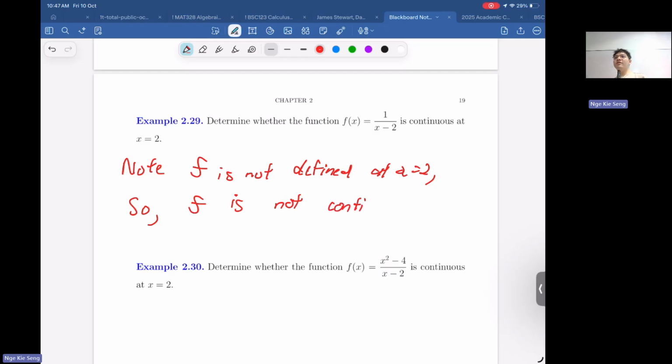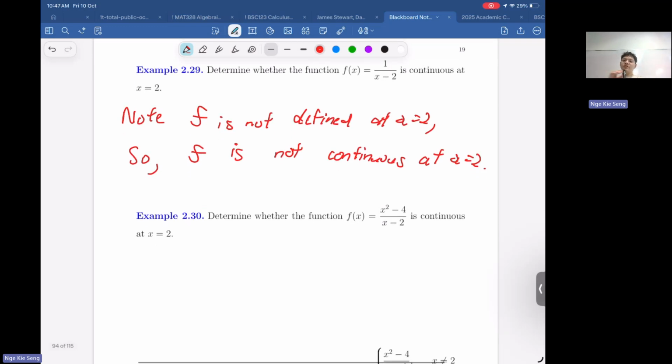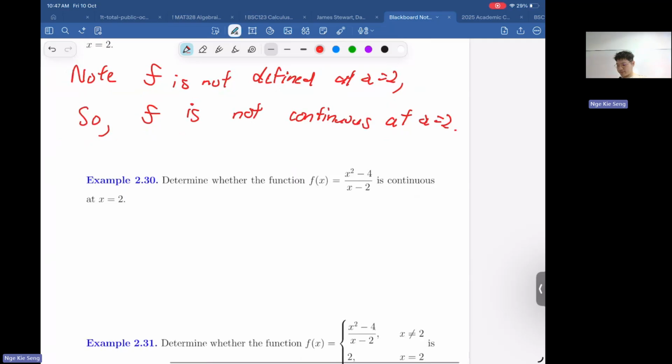First you need to ask yourself whether your function is defined there or not. If it's defined, then only we can check whether the limit agrees or not. Some of the students go and check the limit and already finish 10 minutes. They've just found out that it's not defined there by substitution. So you need to take care of your timing when you do an exam, for example. Find the easiest way to answer the question.